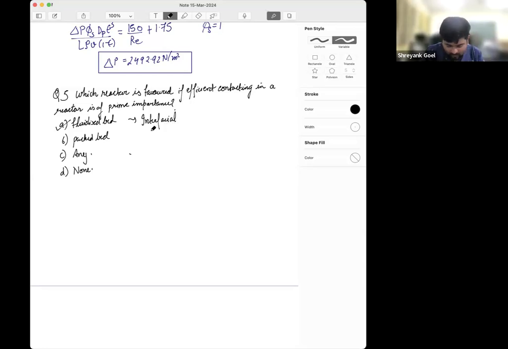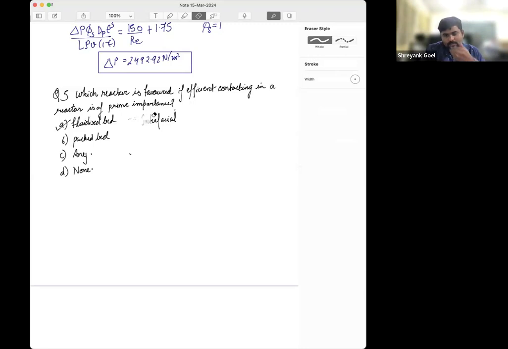No, no, one minute. I'm sorry. Fluidized bed is not a correct option, and the reason is that interfacial contact area is the same in both cases anyway, the packed bed or the fluidized bed. Why are you thinking that the fluidized bed has a high interfacial contact area?